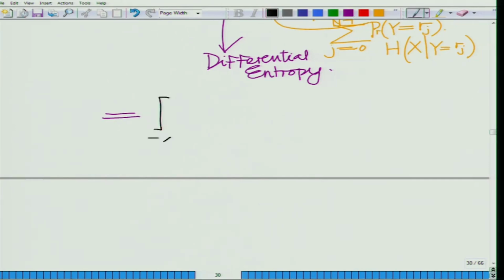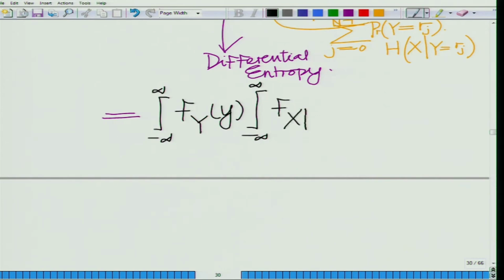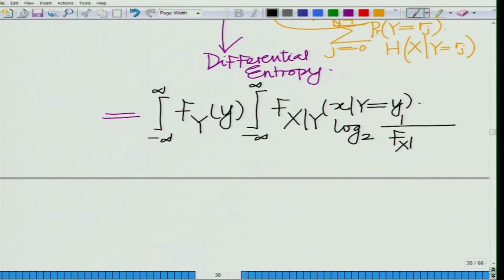This will be the integral from minus infinity to infinity of f of y, that is the marginal probability density, times the differential entropy, that is f of x given y, times log to the base 2 of 1 over f of x given y, x given y equal to y.